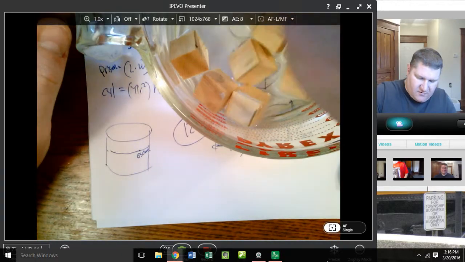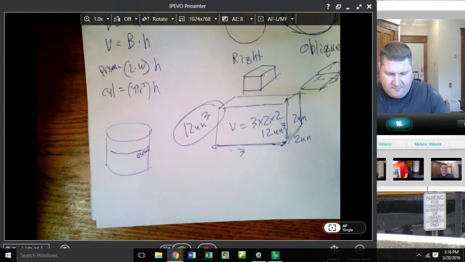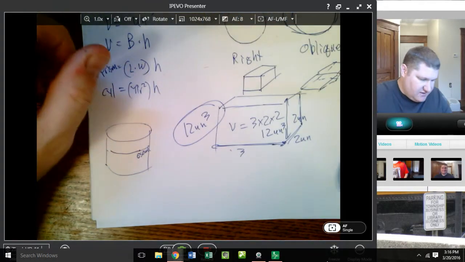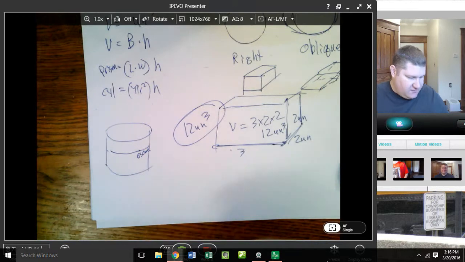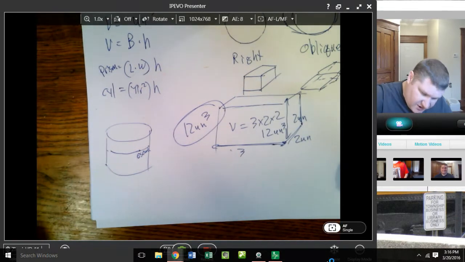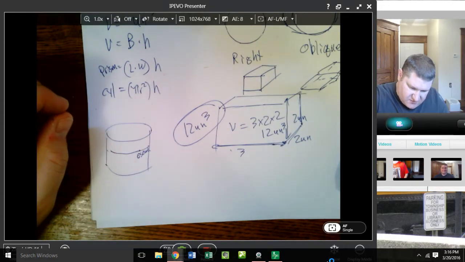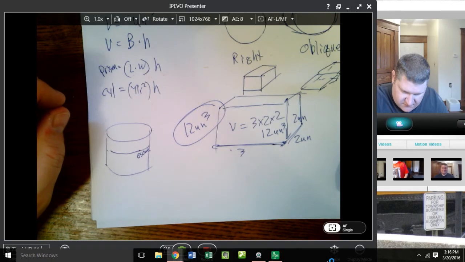and I take all those blocks and I submerge them. Now let's see here. I'm going to use a little thing to help me here. I submerge my blocks. Now I'm not submerging the big block. I'm just submerging these blocks.